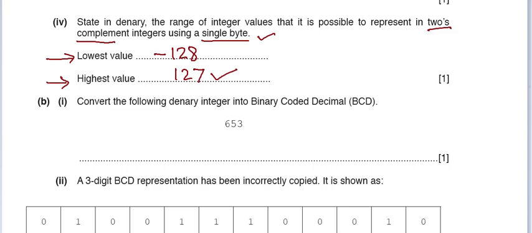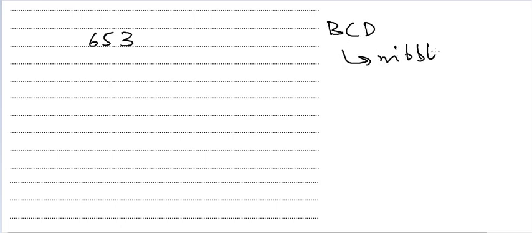Okay, convert the following denary integer into BCD, binary coded decimal, 653. Remember, BCD uses a nibble. Nibble means 4 bits, and BCD values can be between 0 and 9 only.